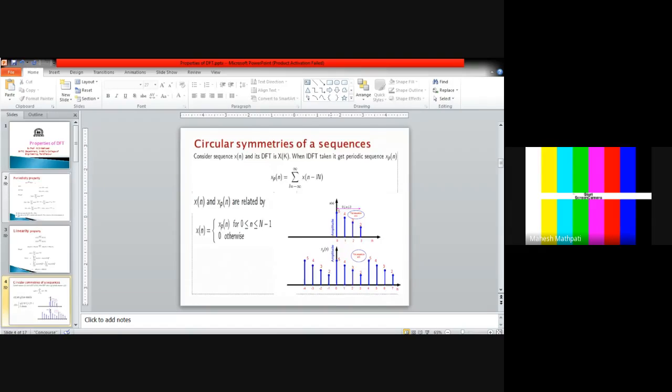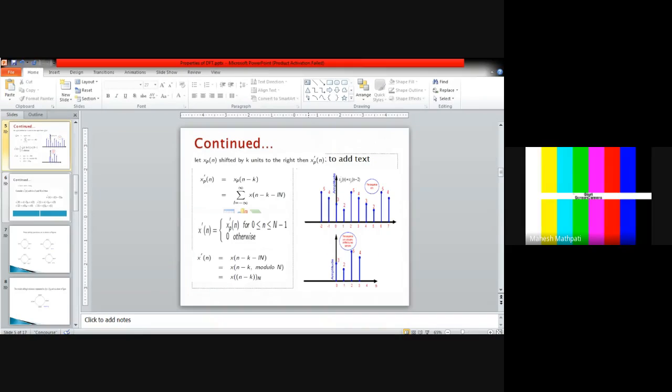Should I call on the roll numbers only now? Otherwise I have to go this way.